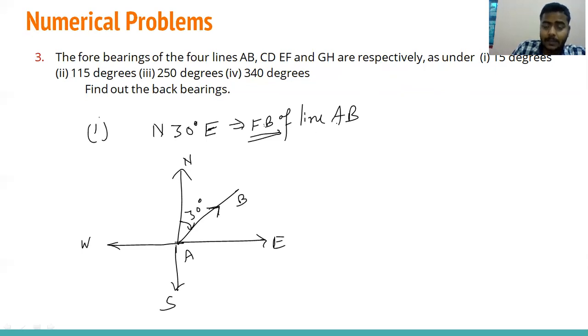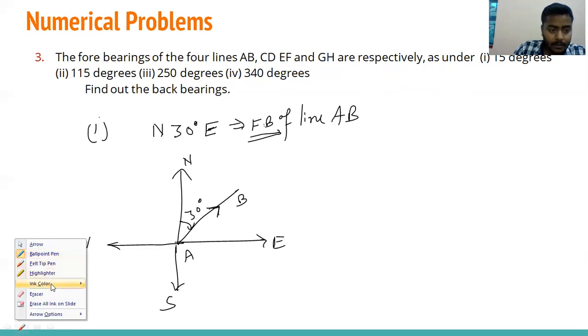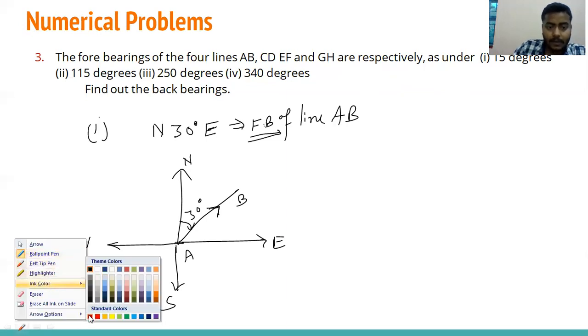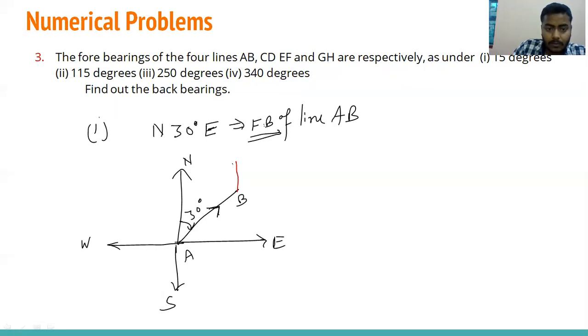When you take the angle, draw the same thing here. Let me change the color of the pen. Red. So this is north, this is east, west, south. Now we are taking the back bearing, which means we are taking the angle in the opposite direction of the progress of the survey.